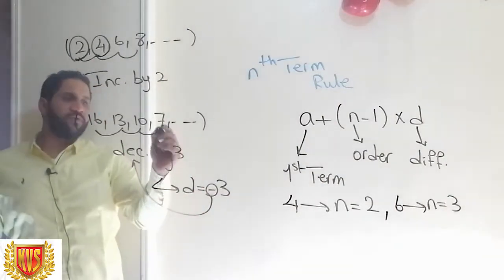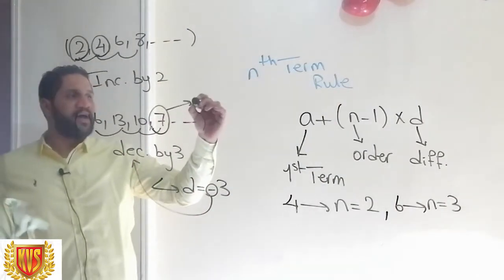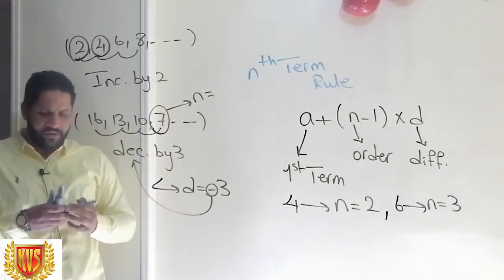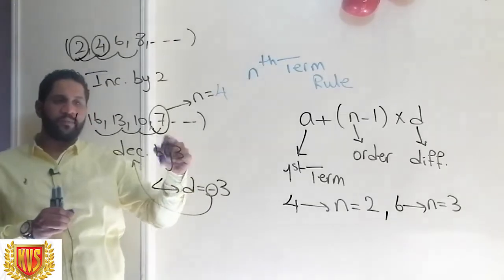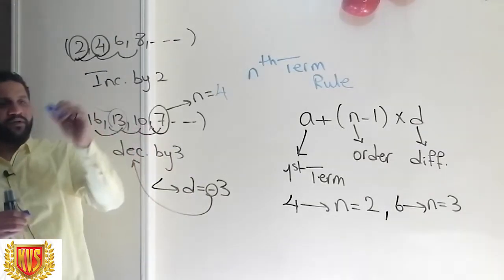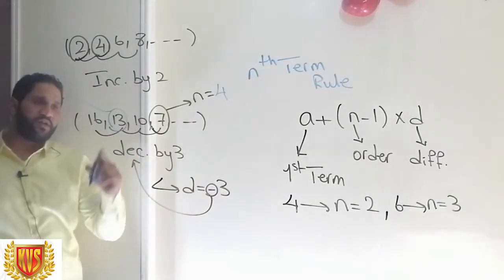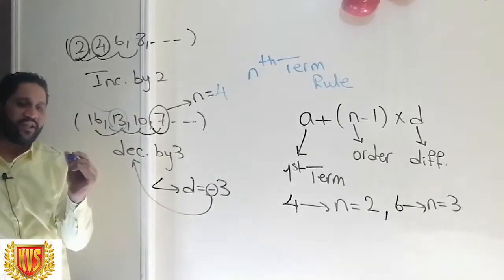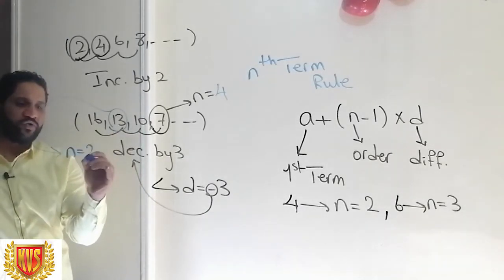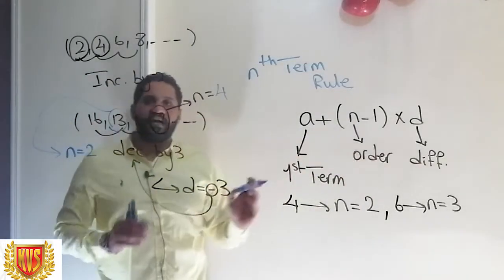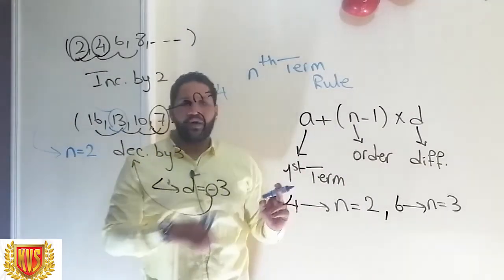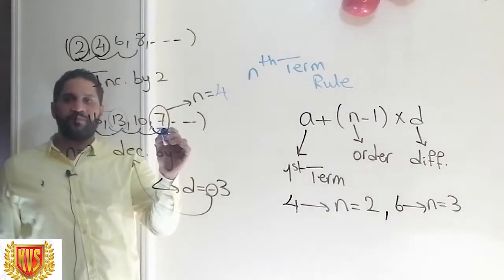If I look at this sequence, I can see that 7 has an n which is equal to what? 4. Why 4? Because it's the fourth term. If I took this 13, it is located in the second place, so it has an order of 2. So what's the meaning of order? It's where the term is located, whereas this is the value of the term.